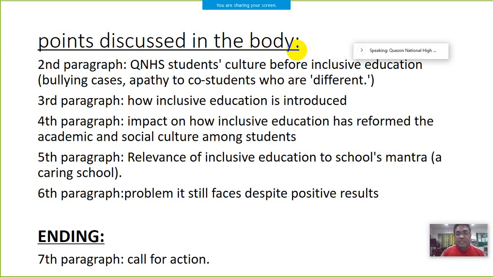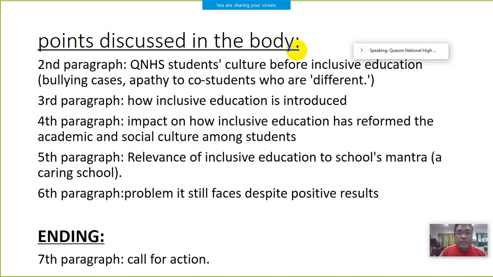And presently, you cannot distinguish the IPs and even the SPED classes from regular students because the IPs, or the indigenous groups of our students, mixed with the regular students. And they look exactly the same in terms of the way they dress, the way they speak. That's one of the good things about this inclusive education.